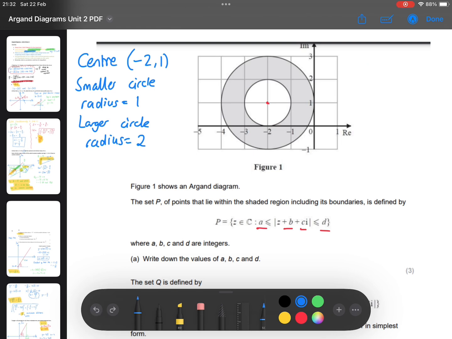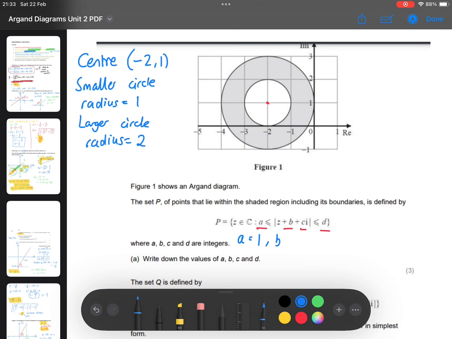So A is going to be, actually I'm just going to write them down here. A equals the radius of the smaller circle, which is 1, because we've been told that the modulus of this number is bigger, and for it to lie in the shaded region, therefore, it must be greater than a distance of 1 from the centre.